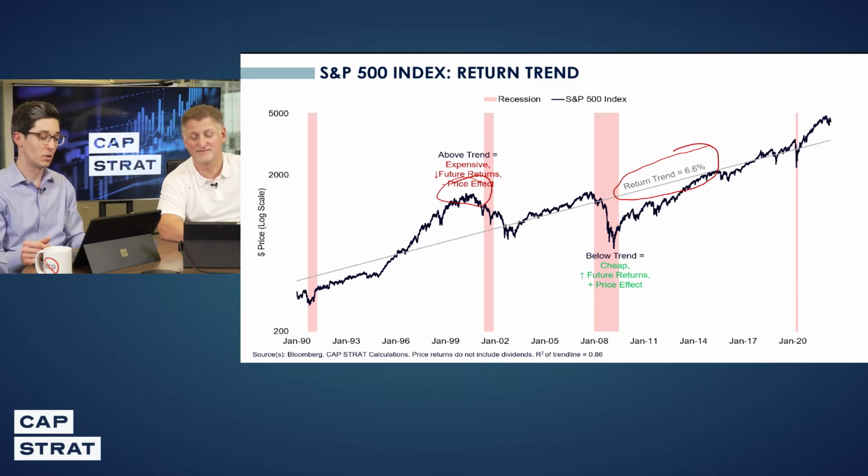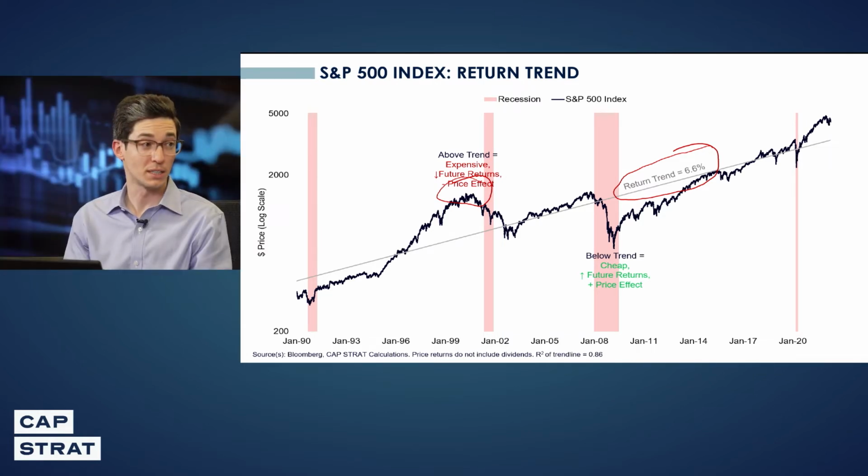Right. So not a great timing tool, very useful for constructing portfolios, right? Because you look at that chart and you say, well, this probably predicted negative returns for the S&P 500 over the next 10 years for about 3 years before the tech bubble actually burst. Right. And that's exactly right.